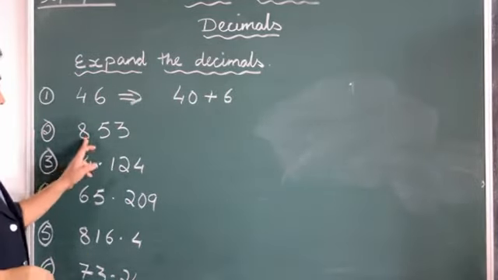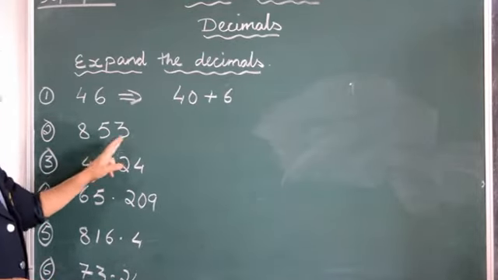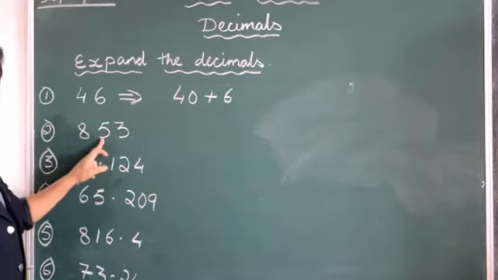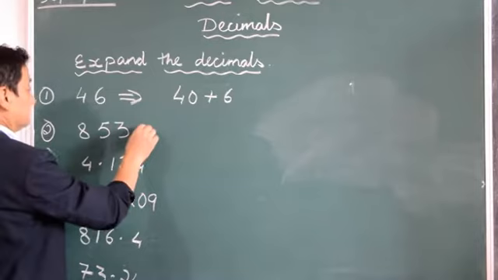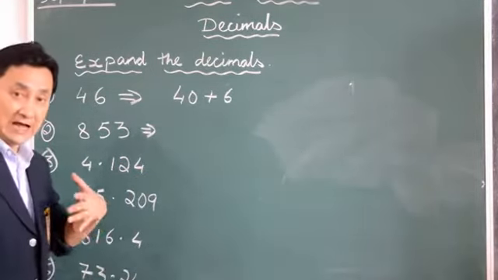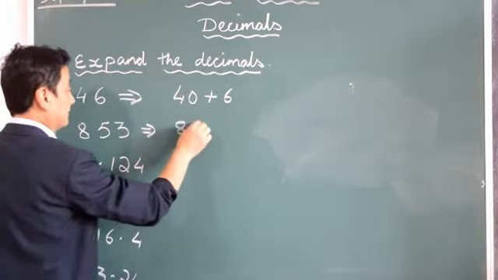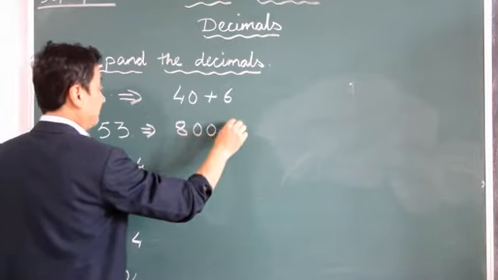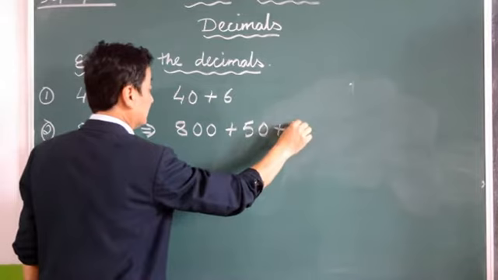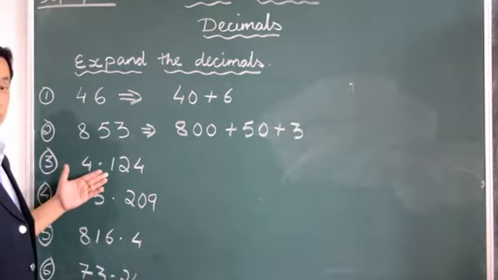How much is here? 853. So, 800 plus 50 plus 3. This is how we have learned to expand the numbers.